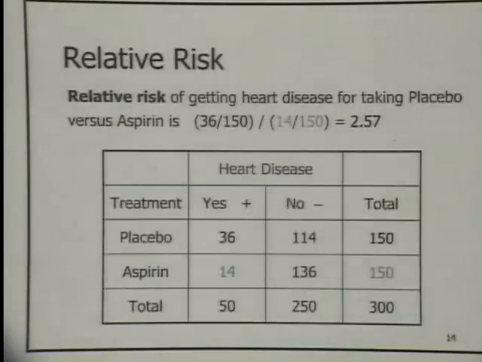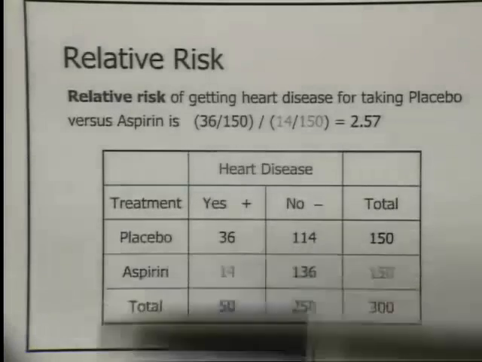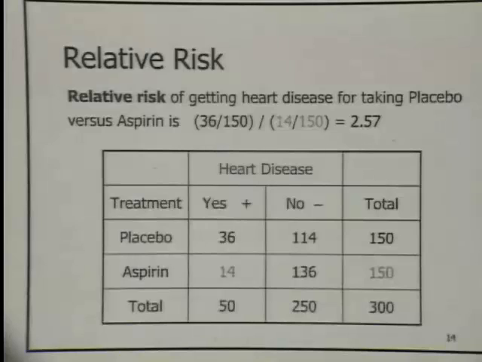This number is a relative risk, right? You use a ratio of the probability of getting disease. So this tells us that if you took placebo and didn't take aspirin, your risk of having heart disease is more than 2 times, 2.57 times, than those who did take aspirin. So this is a relative risk statistic. Okay. Hope this makes sense, right?